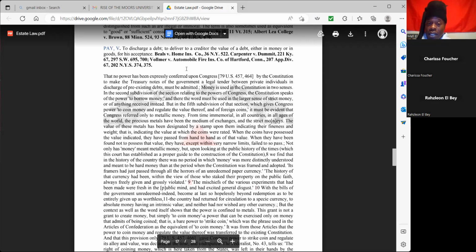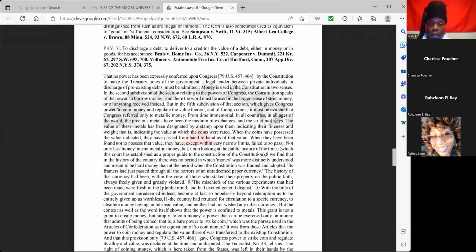Not only has money meant metallic money, but upon looking at the public history of the times, which this court has established as a proper guide to the construction of the Constitution, we find that in the history of the country, there was no period in which money was more distinctly understood and meant to be hard money than at the period when the Constitution was framed and adopted.